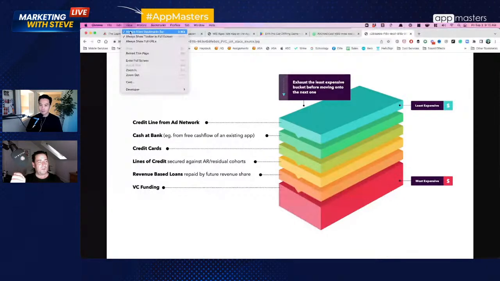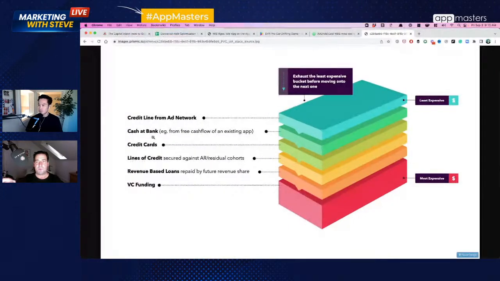So once you've exhausted that, you go down to the next one, which is your cash at the bank. So if, for example, I've got another game or an app that's throwing off a bunch of free cash flow that's sitting in the bank earning 0.5% a year or 1% a year, then if you can take that and deploy it into ads and make more than the return you're getting in the bank, then rationally you should do it.